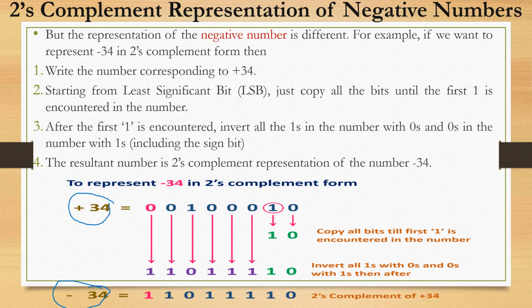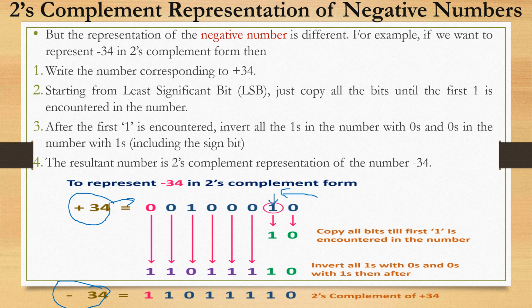Okay, so in the twos complement system, how do we get negative 34 from positive 34? There are two patterns. First we convert this 34 into the ones complement and then we add plus 1 to the ones complement. Or the shortcut is: we scan the number from the least significant bit to the most significant bit until the first 1 is detected. We just write the numbers until 1 is detected.